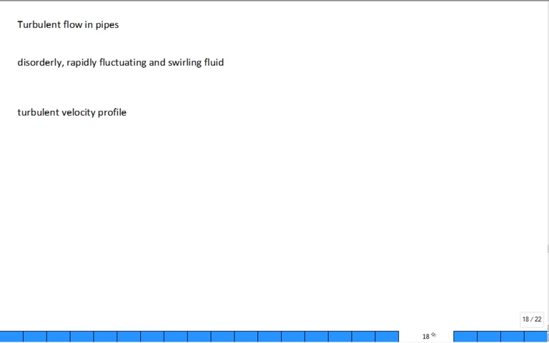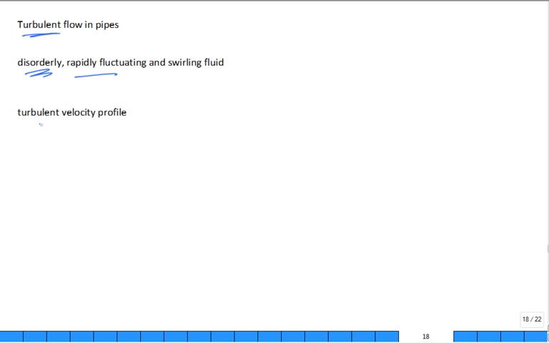Let's get to turbulent flow in pipes. So when you have turbulent flow, how is it described? You can think of it being mixed, disorderly, fluctuating, swirling, chaotic, whatever description you like. But if you introduce a little fluid packet, it doesn't stay in that same lamina or zone as it flows down the pipe.